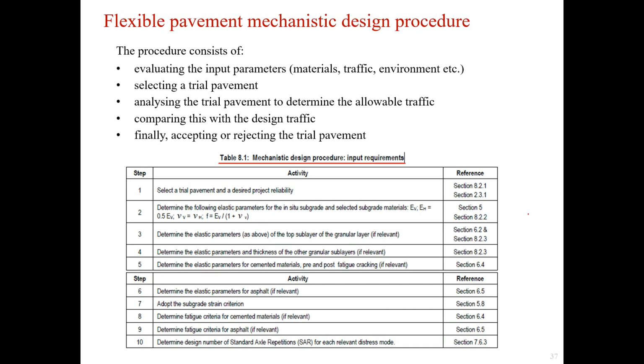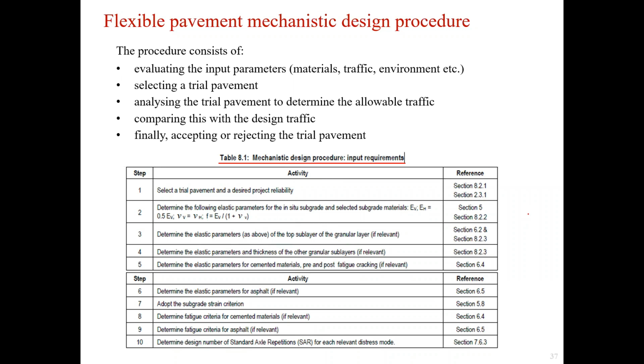Finally, compare it with the design traffic and decide to accept or reject the trial pavement. In general, there are 18 steps to follow. Most steps were already covered in previous slides, so I will just briefly go through them. You may need to use all of them or some of the steps.